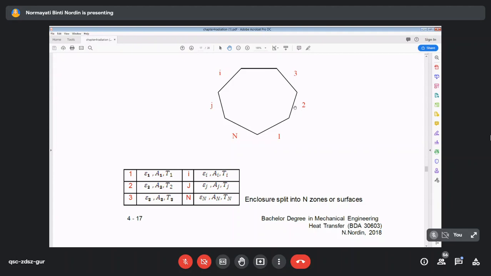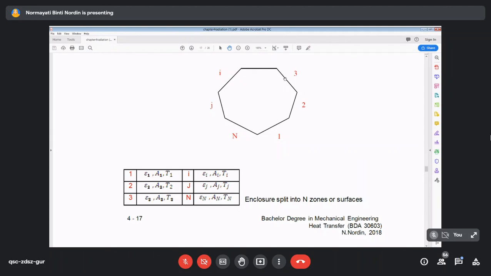Then consider the second surface. You will have 2 to 1, 2 to 2, 2 to 3. So you get the set from the second surface. That is what it means to completely solve all the pairs of exchange areas that you have. So if there are 3 surfaces, you will have 9 exchange areas to be solved.